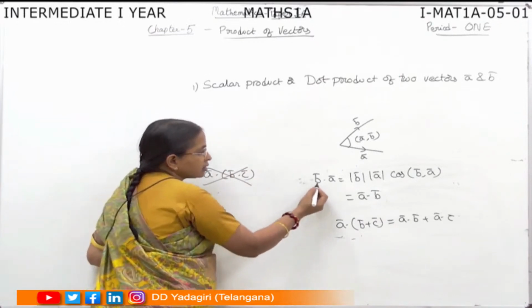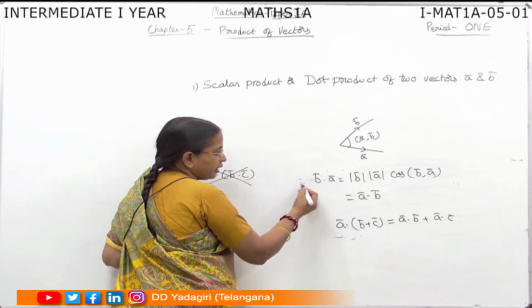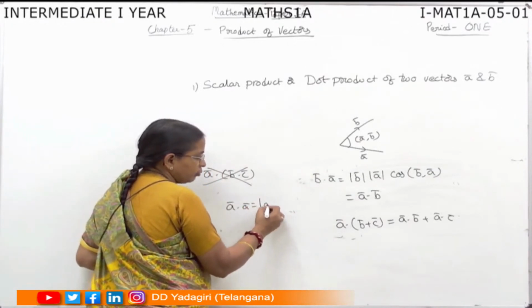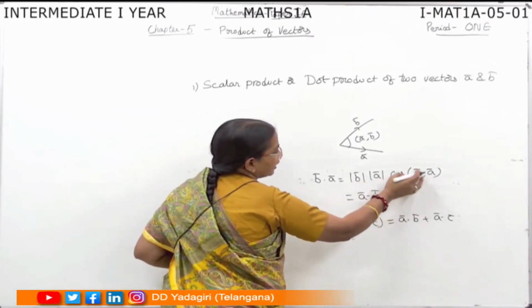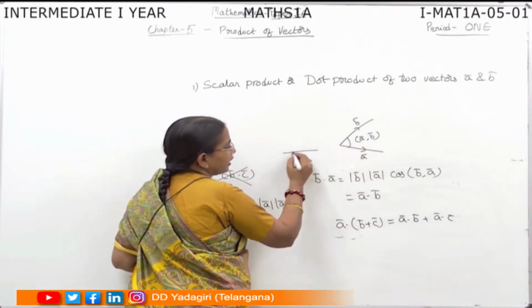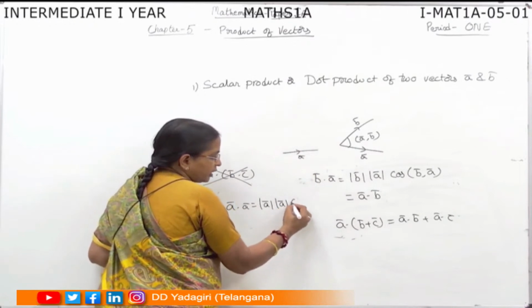Next, suppose B is also equal to A. Then it becomes A dot A. A dot A is equal to mod A into mod A into cos of the angle between A and A. When A coincides with A, what is the angle between A and A? This is A and it is again A. So the angle between A and A is 0.